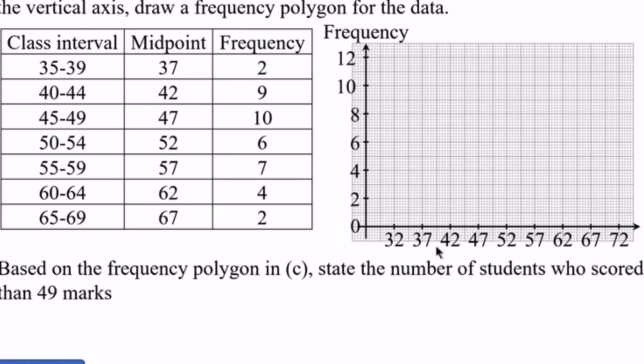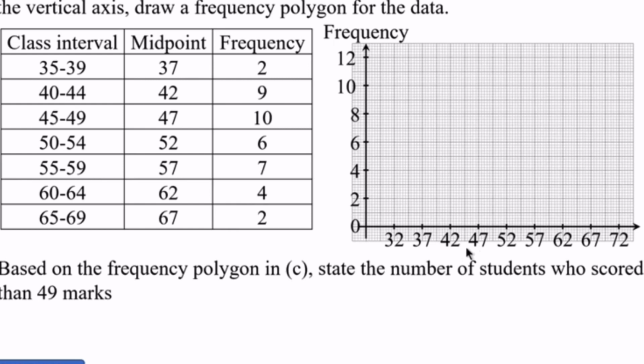Now I want you to label all the midpoints carefully. After you label, you need to connect the points with the ruler. Make sure all the points are connected using straight lines.